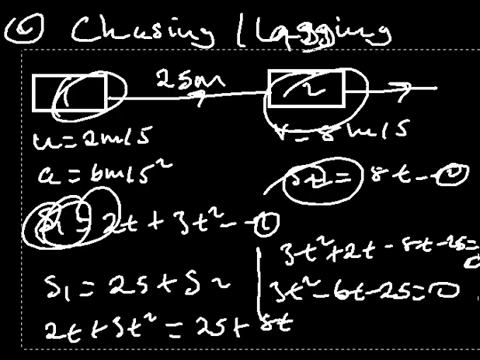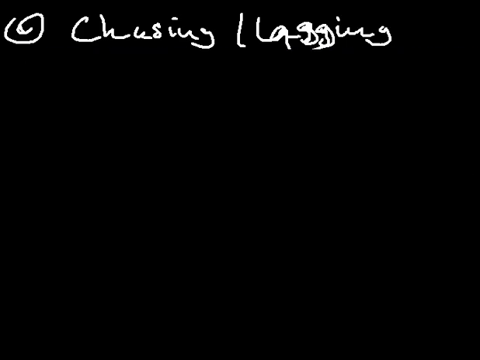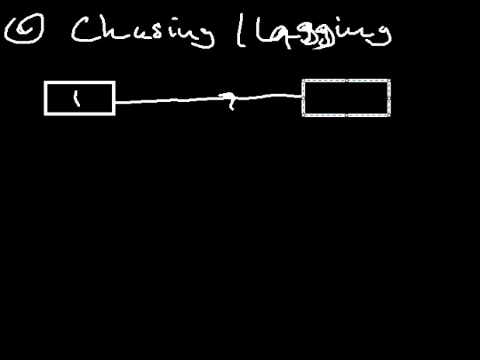Now what if the separation distance is actually time? In other words, what if the lagging parameter is time? Let's say that is the case. This is object 1 moving towards this direction, and ahead of it there is object 2, and let's say object 1 is behind by about 10 seconds.